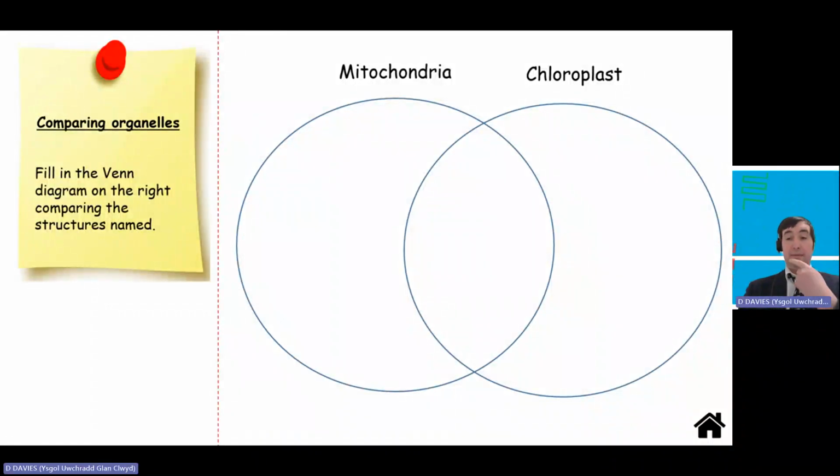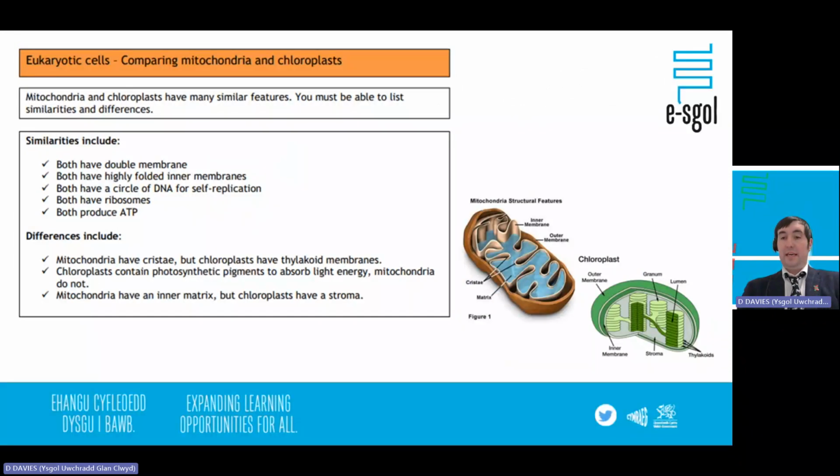There is something here called the endosymbiotic theory, okay, which is a theory whereby it's proposed that these organelles were initially free-living single-celled organisms that got absorbed into prokaryotic cells.